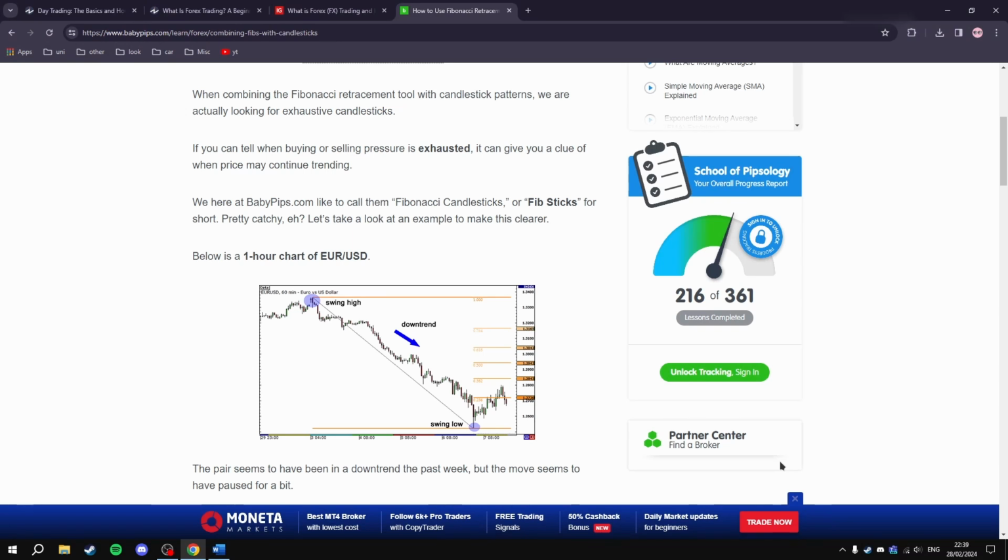We here at babypips.com like to call them Fibonacci candlesticks, or fib sticks for short. Pretty catchy, eh? Let's take a look at an example to make this clearer.